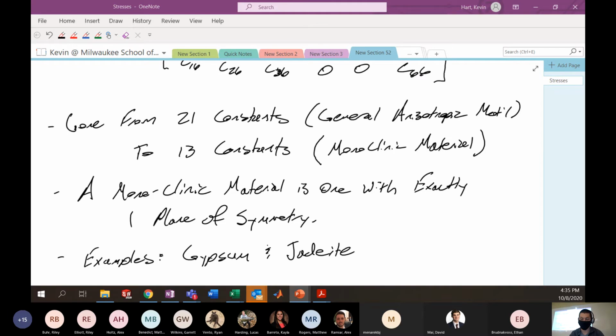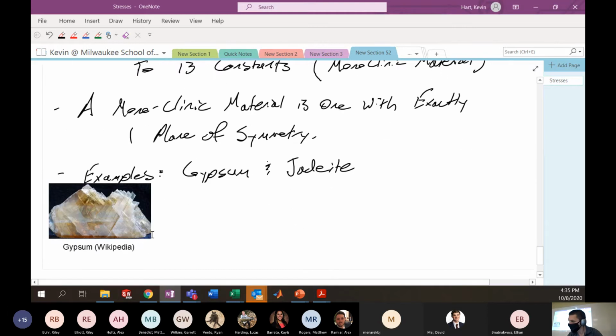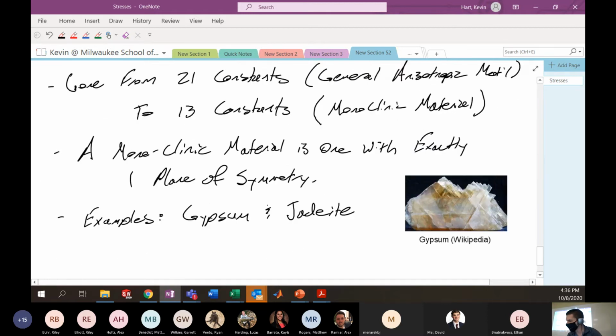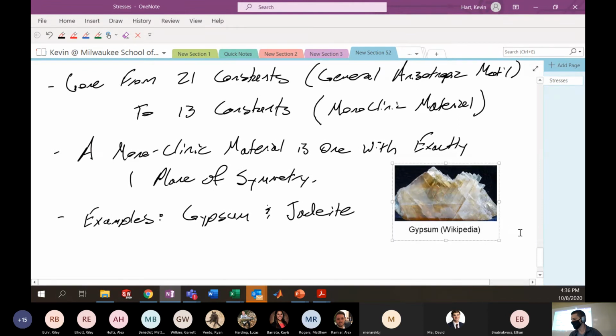So I took a picture from Wikipedia of gypsum, put it in the notes because I thought it was cool. Okay. I think that's kind of cool. So this particular material only has one plane of material symmetry, and you would need 13 material constants to define its behavior. Complicated.